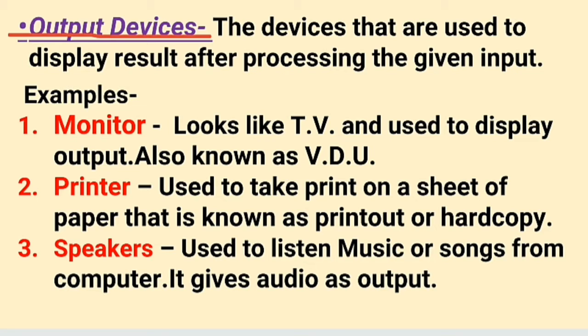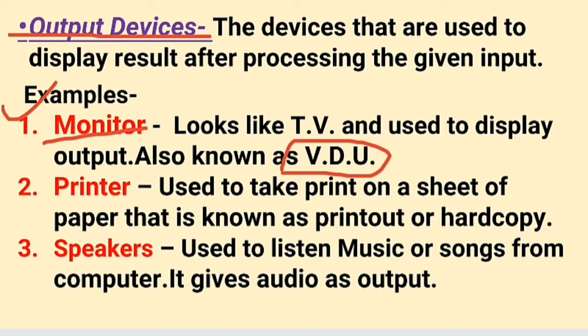The examples of output devices are, number one is monitor. It looks like a TV screen and it is used to display output. Basically, the work of monitor is to display the output on the screen. It is also known as VDU.